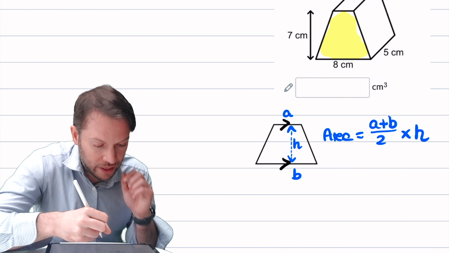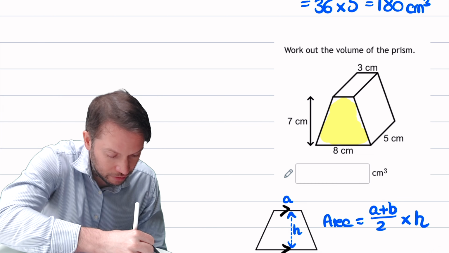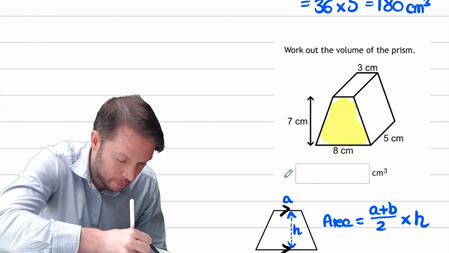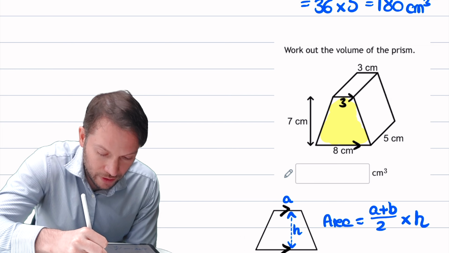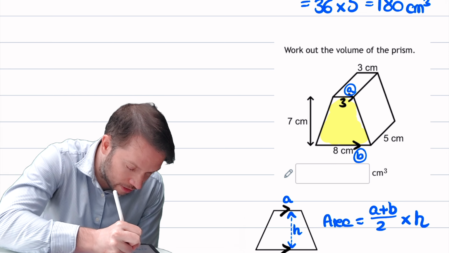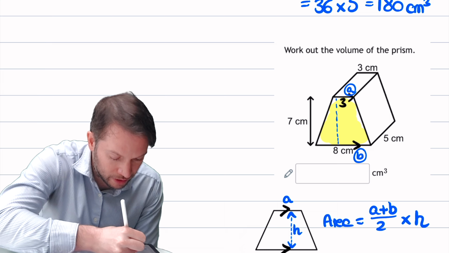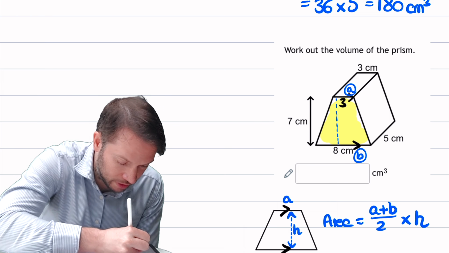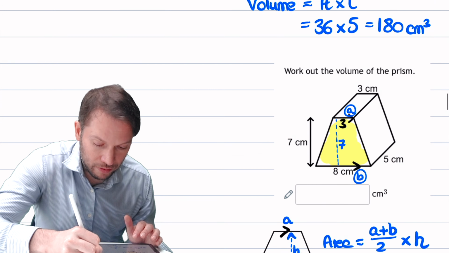So let's apply that to this problem here. Well, if that is 3 here, this is 3 here also, so let's put the 3 there. Now we can see that the parallel sides are here and here, so that is your A and your B. And then the height between them is the 7, so we can just put the 7 there. Right, so now we can use our area formula.